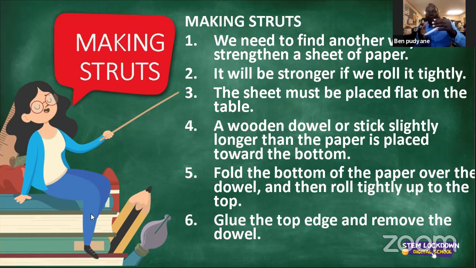If you try to push it towards the two ends, it will just stay the way it is. It will not fold, it will not bend. It means it is a struct. So we can go to the next slide and see what it holds for us.